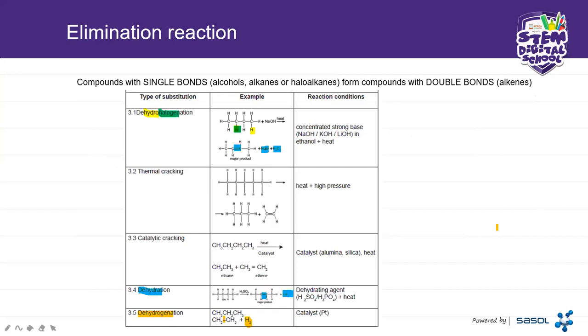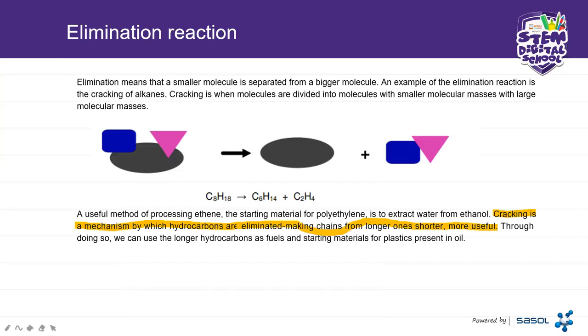You see how long this chain is? By definition, we're taking hydrocarbons from long chains and breaking them down into shorter chains, which makes them more useful.